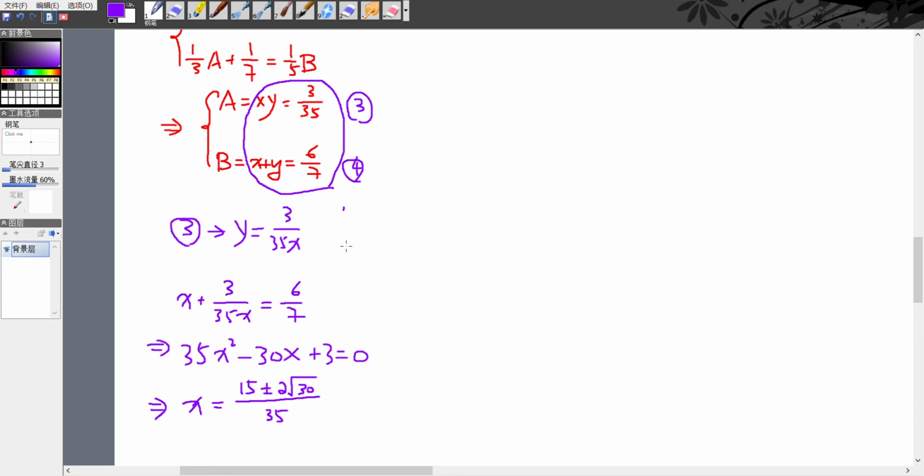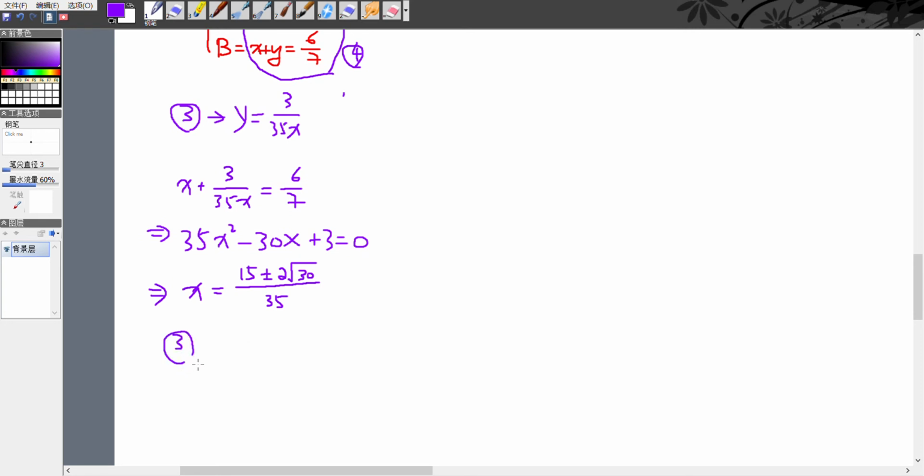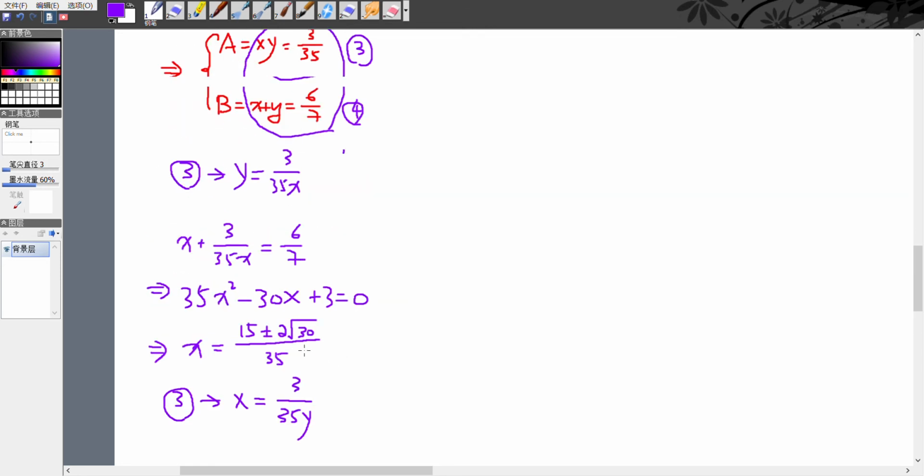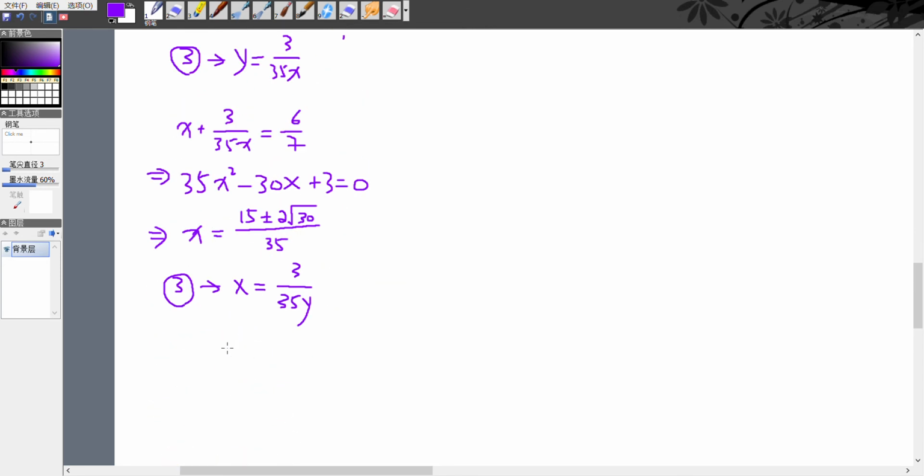If you set 3 into, for example, x is equal to 3 over 35y, and by substituting this into 4, you will end up with y plus 3 over 35y equals 6 over 7, which is exactly the same as we have from the result above.